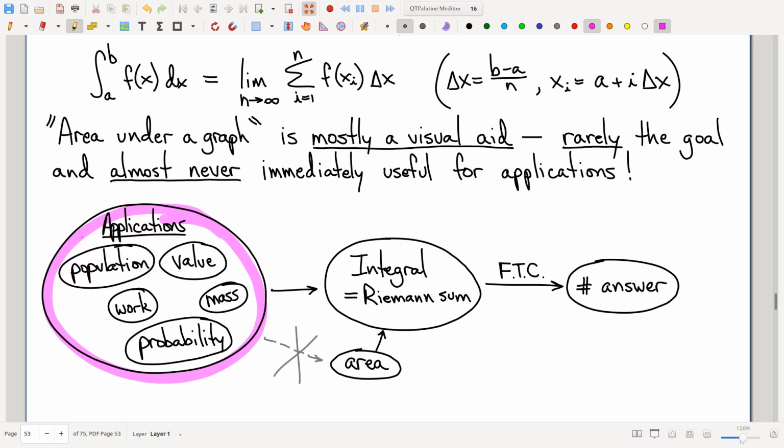And if you want to compute whatever work, maybe, whatever it is, the point is you're going to be writing it down by chopping it up into little pieces, and on each little piece making an argument about how to compute on each little piece, and then adding up those pieces. That is literally and exactly what a Riemann sum is. And in each individual case, having to go to the additional unnecessary trouble of, but I want to think of it as area.